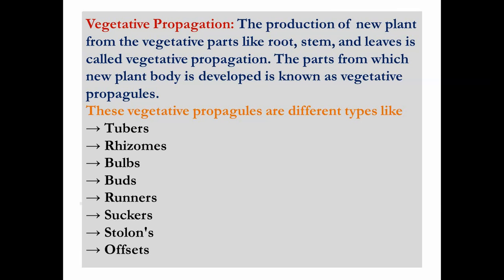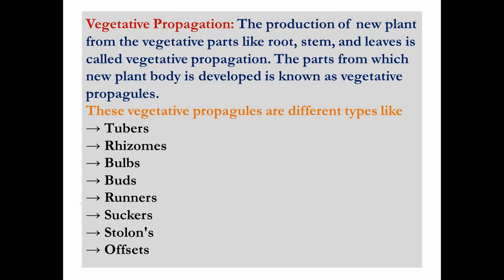In different plants, different vegetative parts help in vegetative propagation, and they are recognized by different names, like tubers, rhizomes, bulbs, buds, runners, suckers, stolons, offsets. Please remember all these terms, they are very important for your examination. These are the different names of vegetative propagules which help to produce new plants from their vegetative parts.